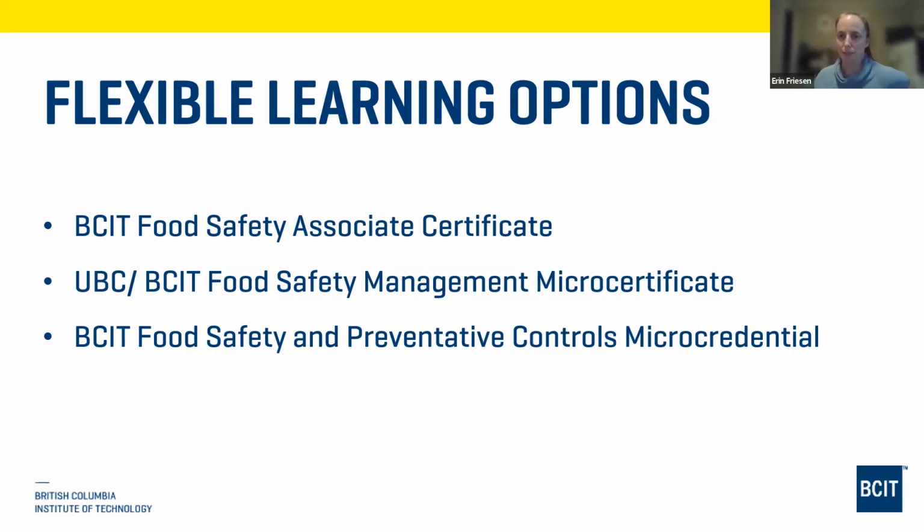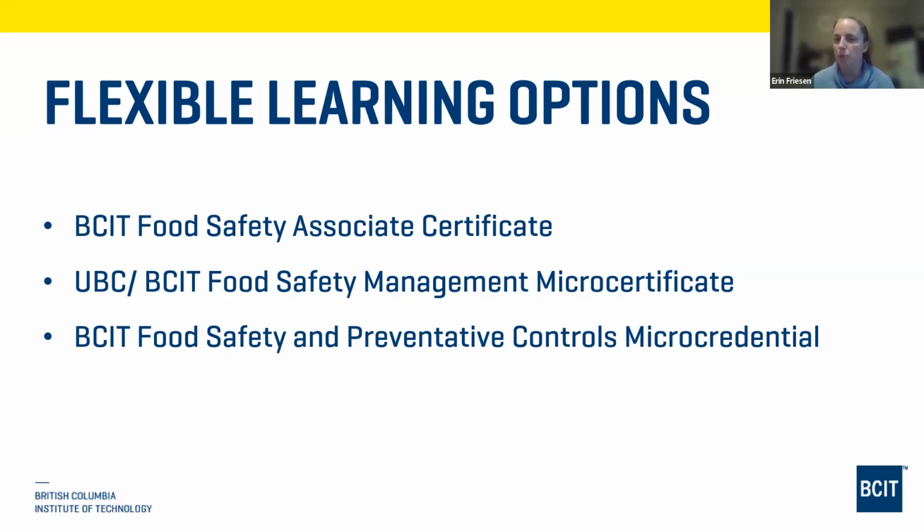And then our last micro-credential is a BCIT Food Safety Preventative Controls micro-credential. And of all of our options at BCIT for food, it's our smallest program. It's a 2-course micro-credential. So once again, if you were just wanting to learn a little bit about food safety, this micro-credential might be something you'd want to consider.